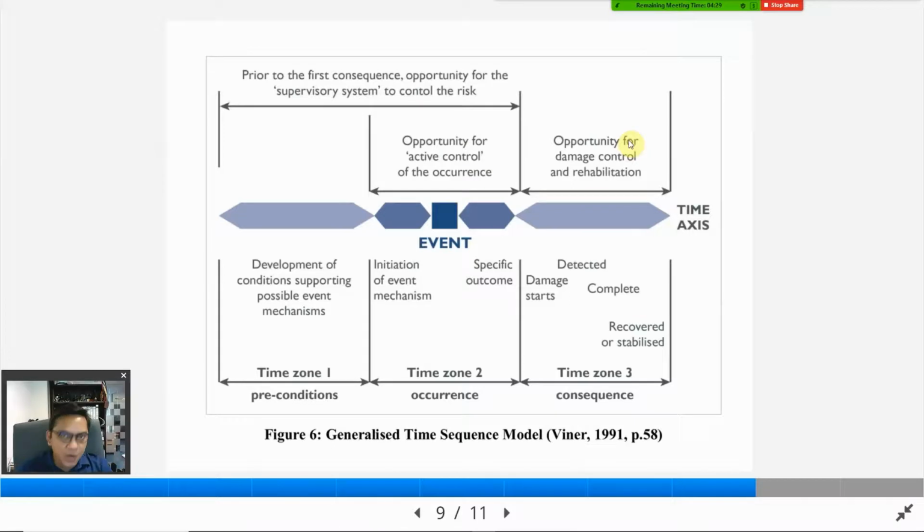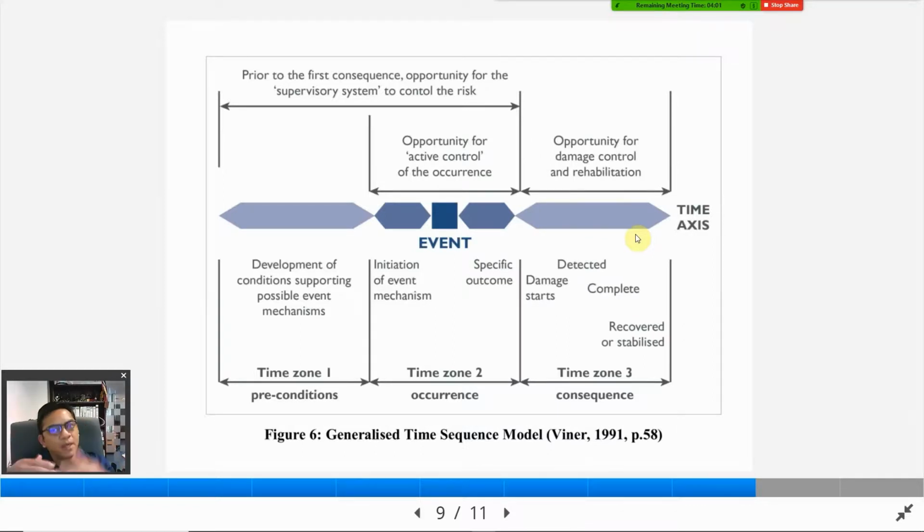If there is oil spillage, for example, if you don't do anything about it, then the aquatic life, the fishes, will all be killed, and that will affect the economy of the people around there. There is long-term impact. So there is opportunity to avoid that from happening. This is in time zone 3, and the opportunity for recovery.